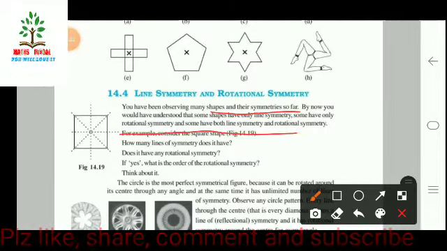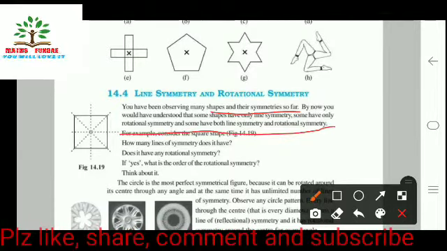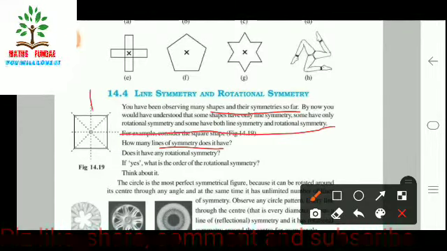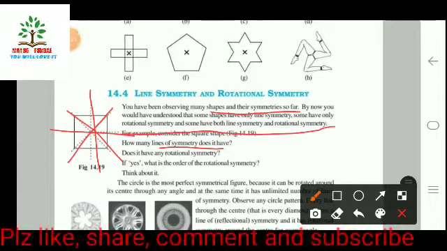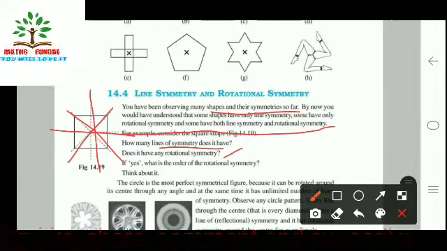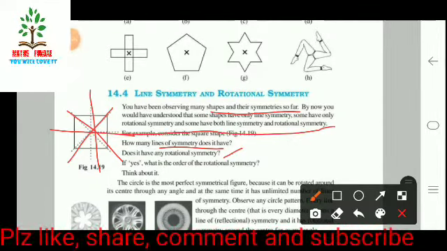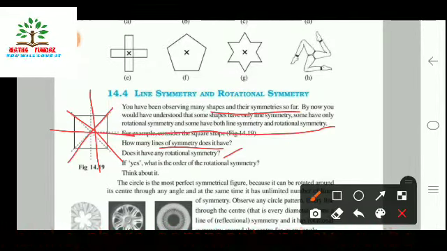For example, if you see here the square, how many lines of symmetry does it have? We can find here 1, 2, 3, 4 lines of symmetry. And rotation symmetry of this, it means if we rotate this 4 times, its order is 4: 90 degree, 180 degree, 270 degree and 360 degree. So in the same way it has both.